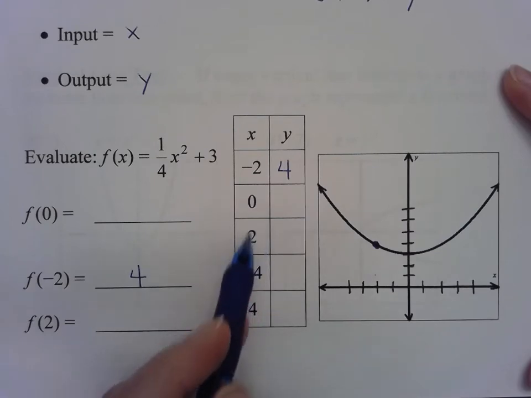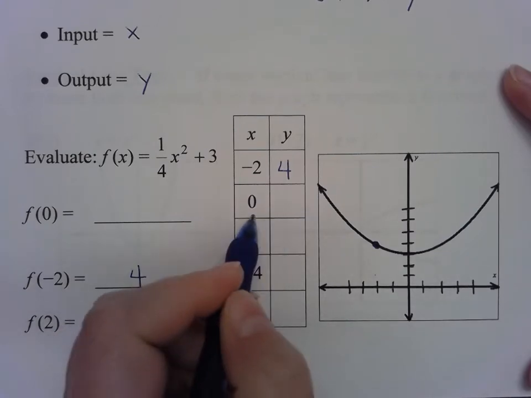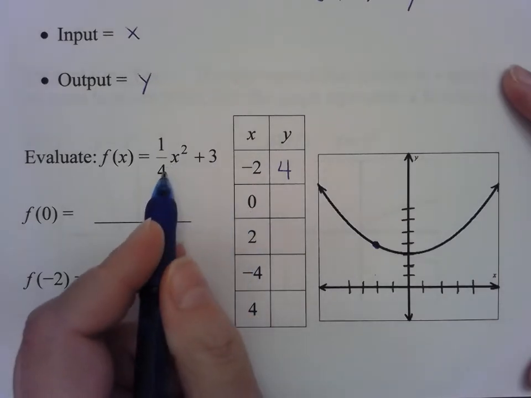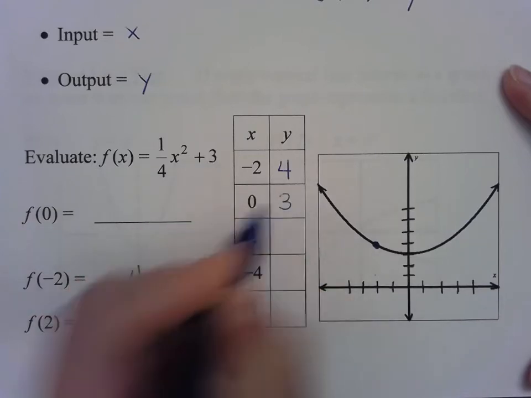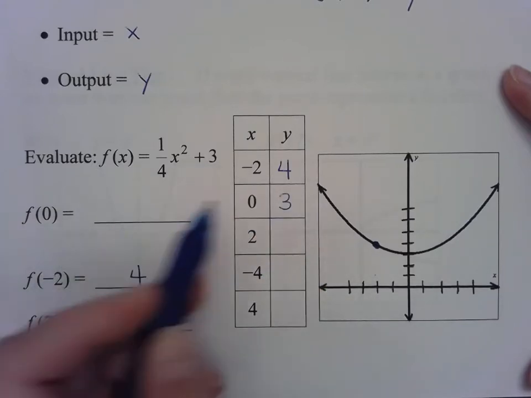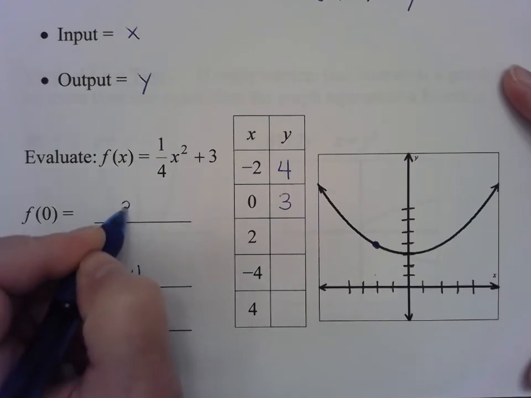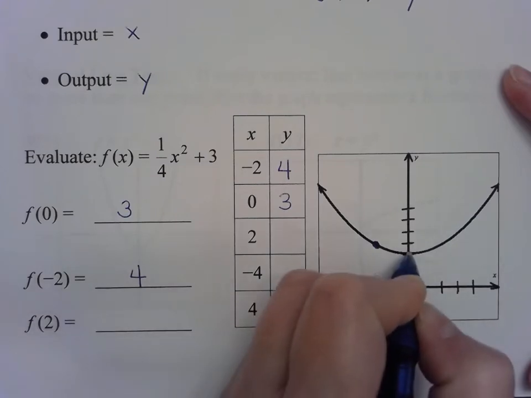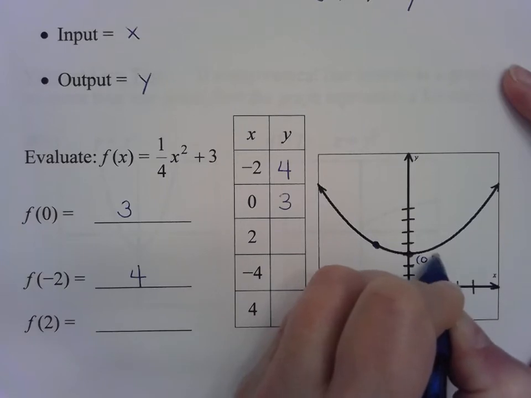We could do the same, we could fill in this whole thing, right? I'll just do a couple more, maybe not all of them. So if I plug in 0, 0 squared is 0, times 1/4 is still 0, plus 3 would be 3. That means that when I plug 0 into the function f, I get 3 out as my y value. And that corresponds to this point, 0, 3.